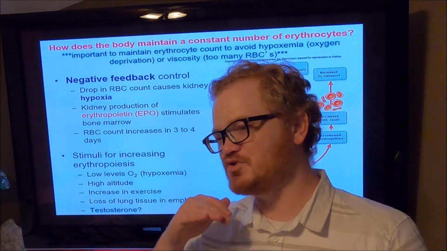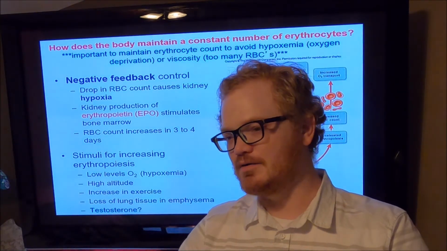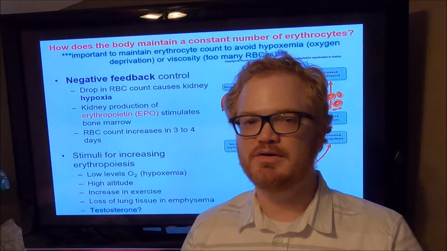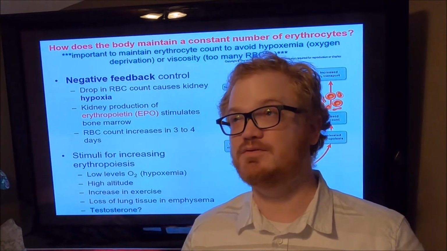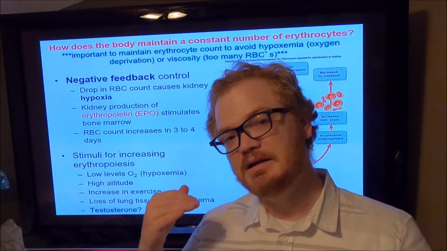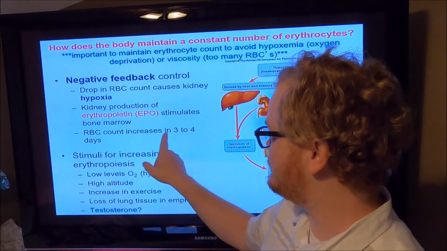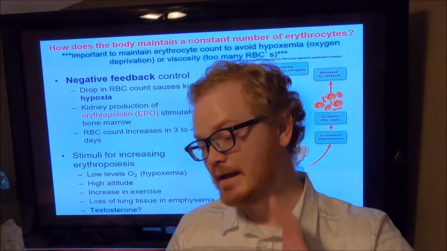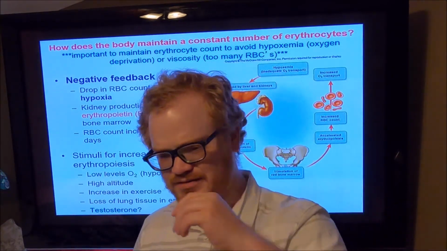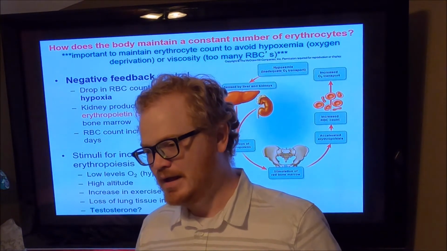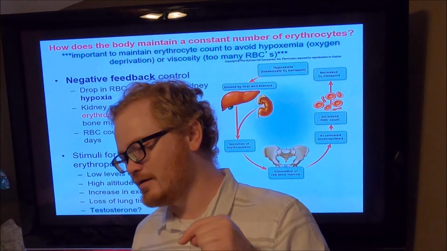So they'll go and start training in the mountains for a few weeks or a month prior to some sort of event. And what that's going to do is put them in a low oxygen environment, lead them to produce more erythropoietin, and lead them to have more red blood cells in a relatively short period of time.